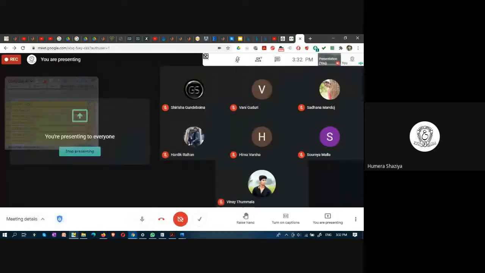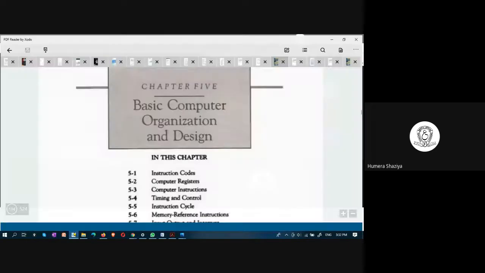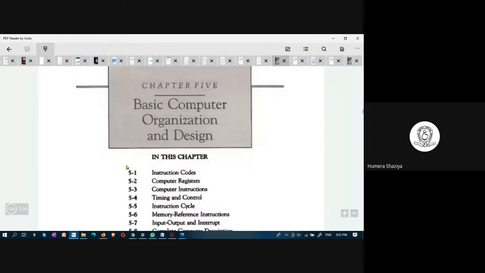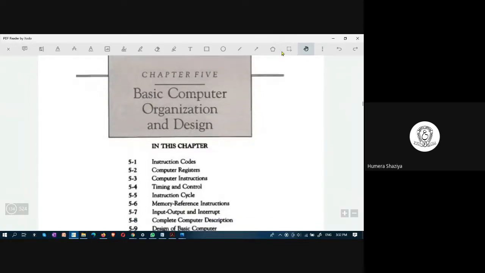The topic to be covered is basic computer organization and design. This is another chapter in Unit 2. First chapter, register, transfer, and micro operations have been done.